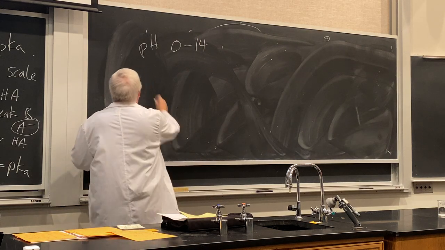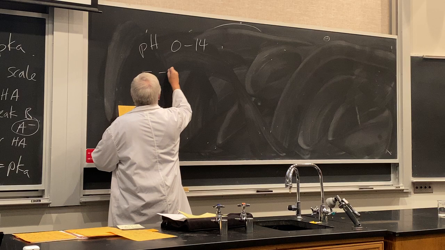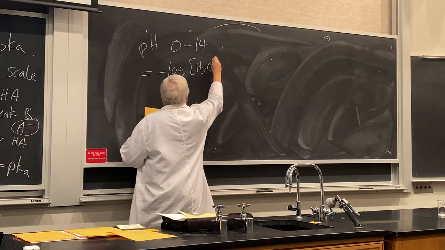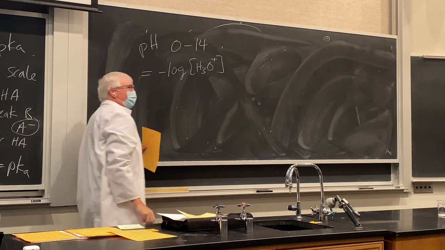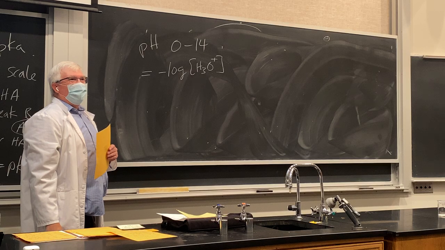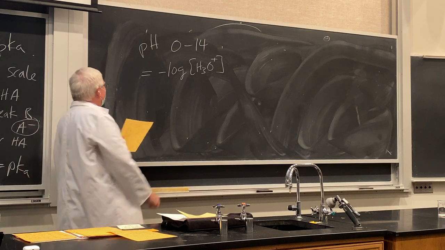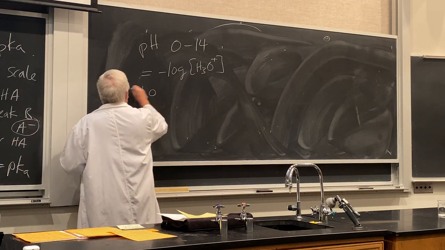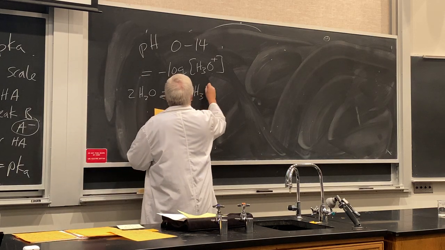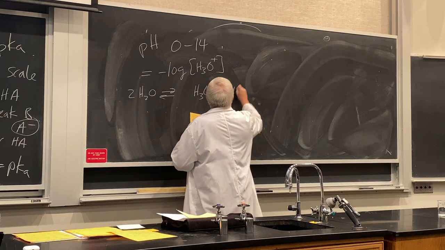And pH actually equals minus the log of hydronium ion. So you got to remember a little bit of Gen Chem there, acid-base theory. Water can function as an acid or a base. Water can disproportionate equilibrium-wise into hydronium ion plus hydroxide, right?